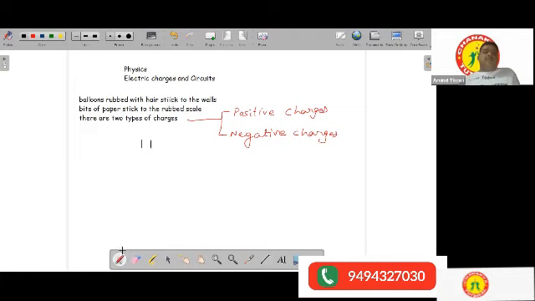So in this bottle, we put a metal wire. First of all, we construct a metal wire passing through this bottle, and this metal wire should be tied to another metal wire, something like this.